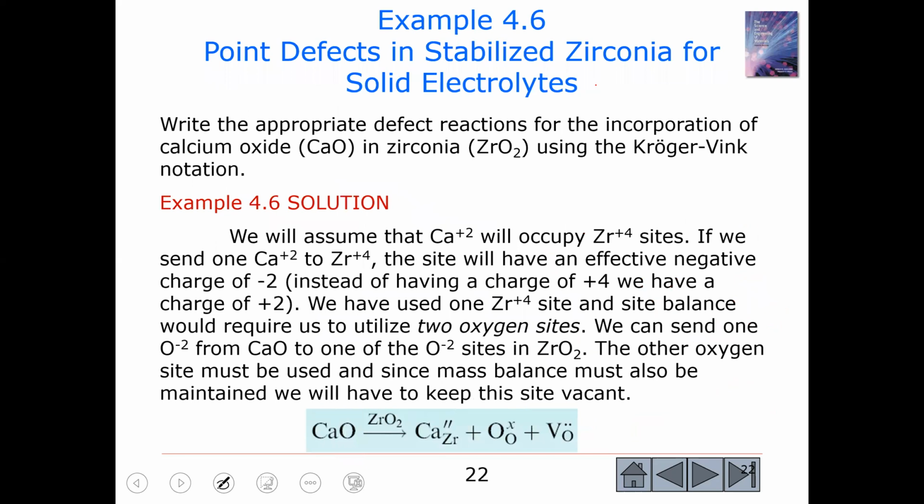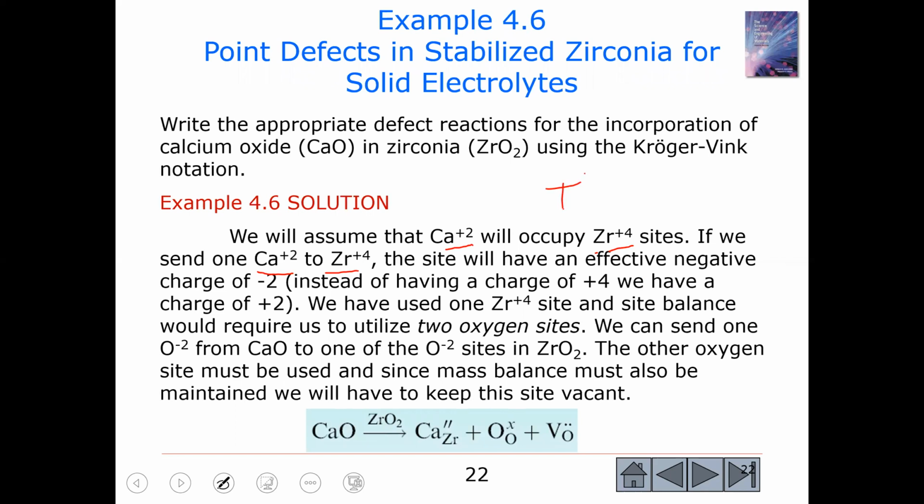Write the appropriate defect reaction for the incorporation of calcium oxide in zirconia using the Kruger-Vink notation. We will assume that Ca+2 will occupy zirconium +4 sites. If we send one calcium ion to a zirconium site, the site will have an effective negative charge of minus 2. Why?